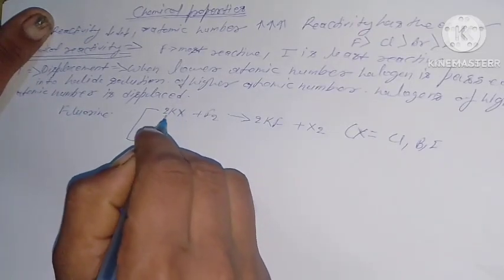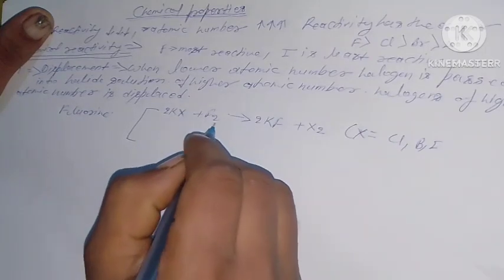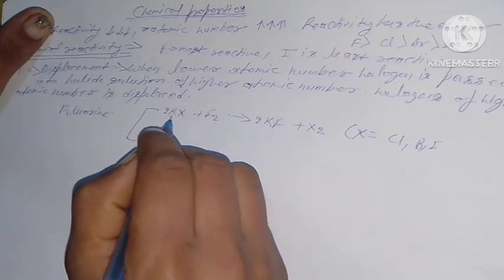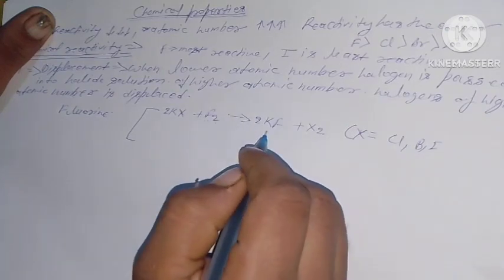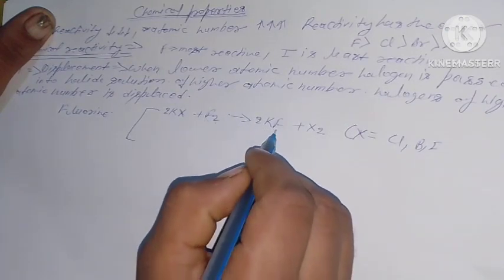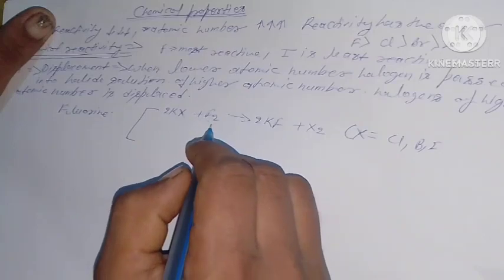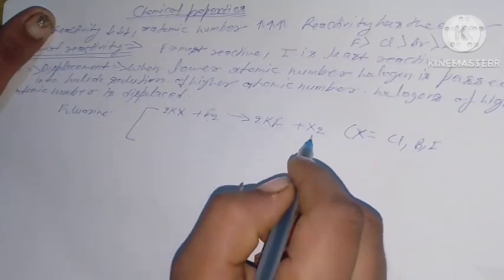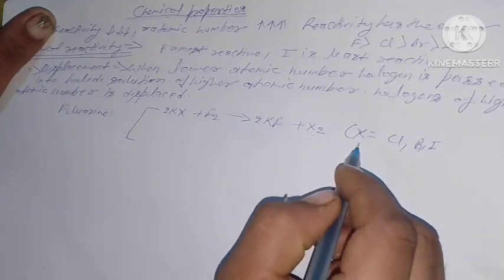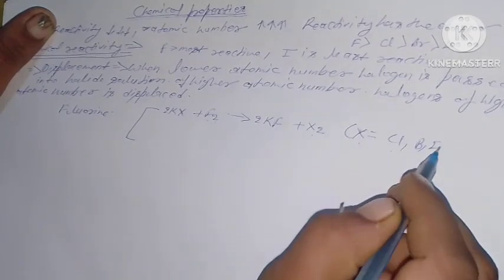Potassium halide 2KX plus fluorine gives potassium fluoride, and the halogen X2 is removed. X2 means chlorine, bromine, and iodine.